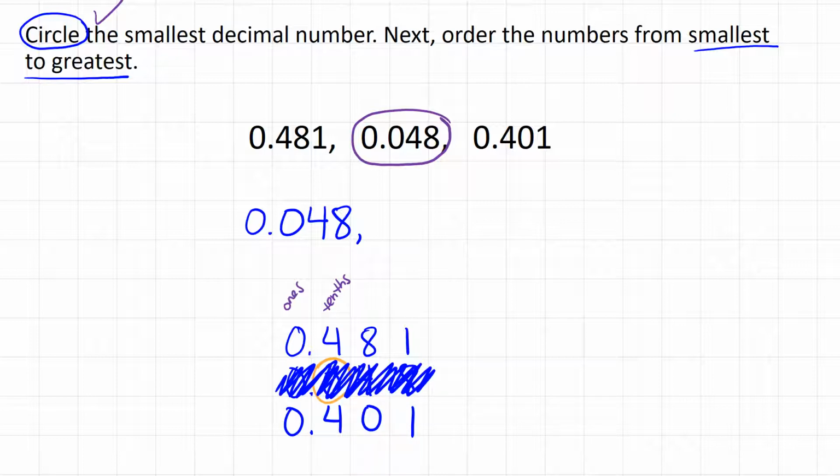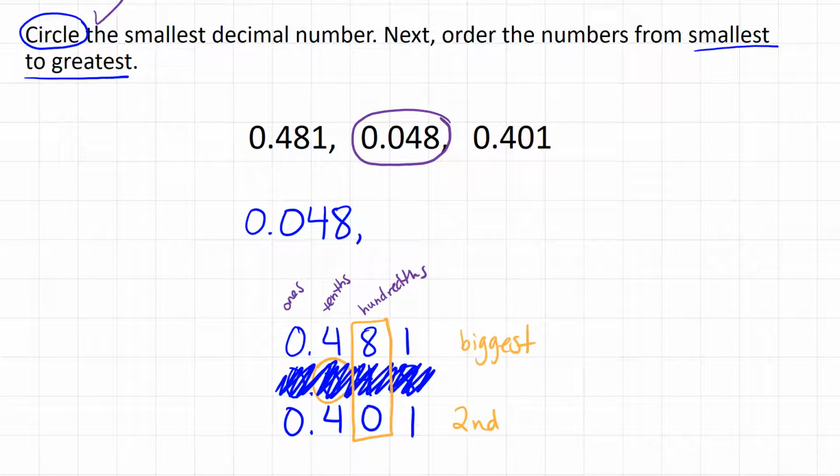I notice the tenths are the same. So I'm going to move over to the hundredths. And what I notice here is I've got different numbers. So I have an 8 and a 0. I know 0 is smaller than 8, so I know this is my second smallest number, and then this is the biggest number.